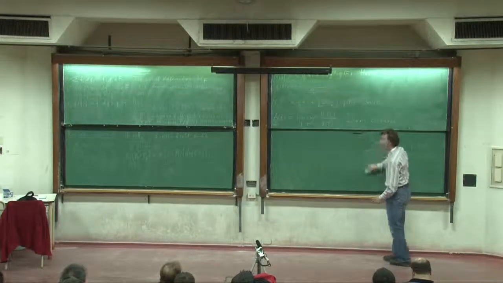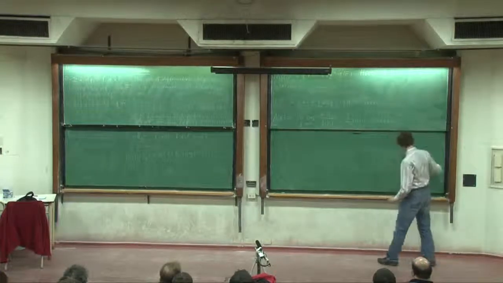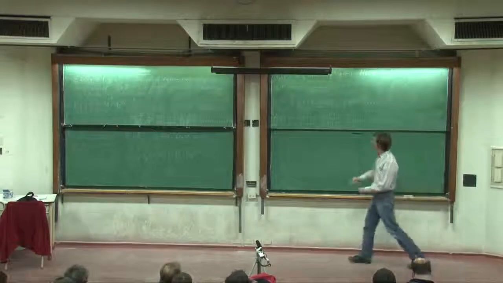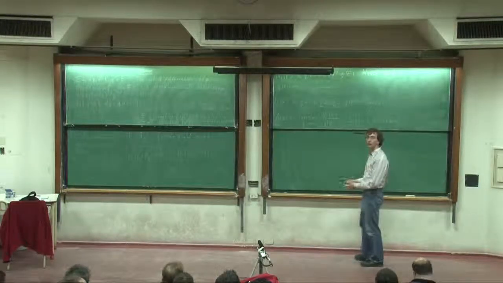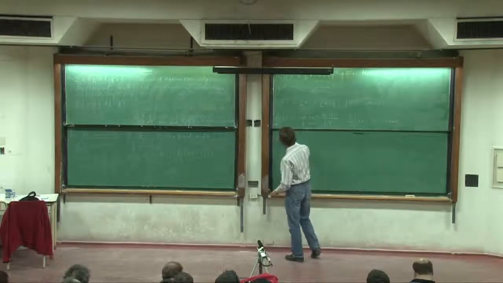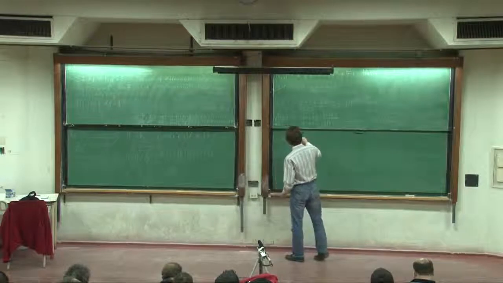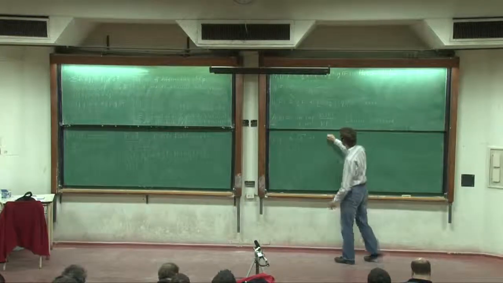Still a lot is not known about this. It is still a topic of active research to try to compute this explicitly for a given q. So let me tell you a little bit about what is known. It is known that it is less than root q minus 1.